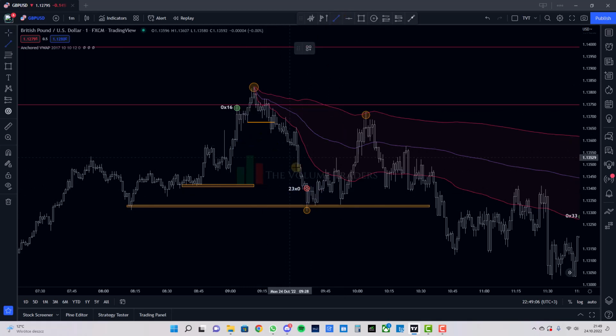Yes, my structure is broken here. Price made a potentially fresh high, so if the structure is broken and imbalance is broken, I want to put the VWAP on that candle.